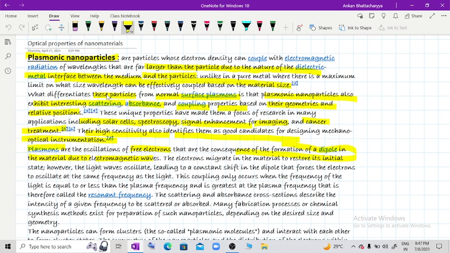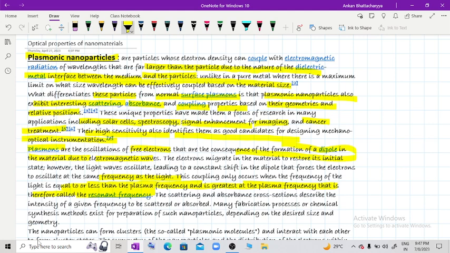Now the electrons migrate in the material to restore the initial state. However, the light wave oscillates, leading to a constant shift in the dipole that forces the electrons to oscillate at the same frequency as the light. This is the condition of resonance. This coupling only occurs when the frequency of light is less than or equal to the plasma frequency, and is greatest at the plasma frequency, which is therefore called the resonant frequency.